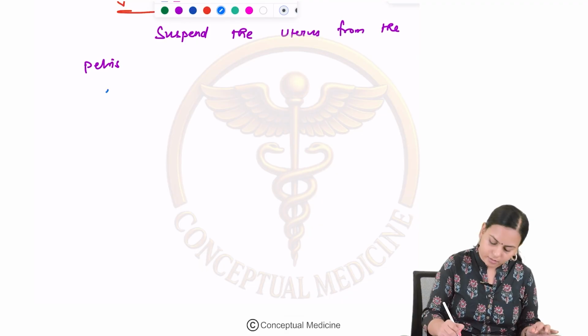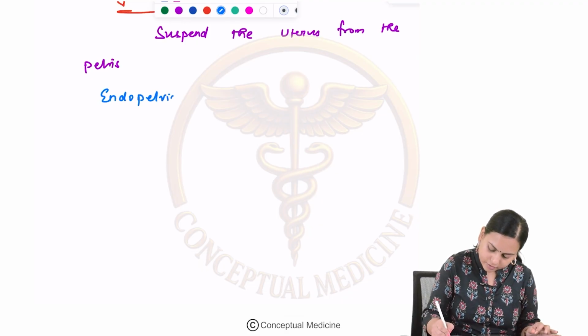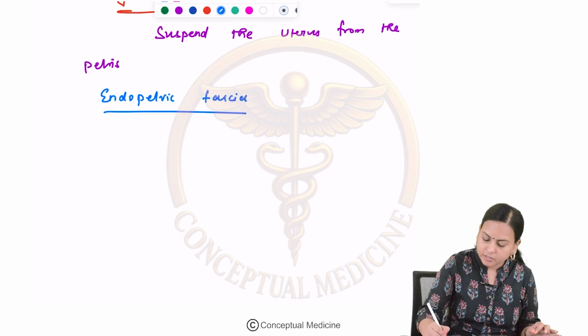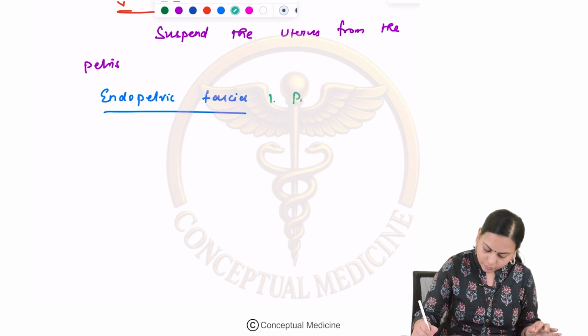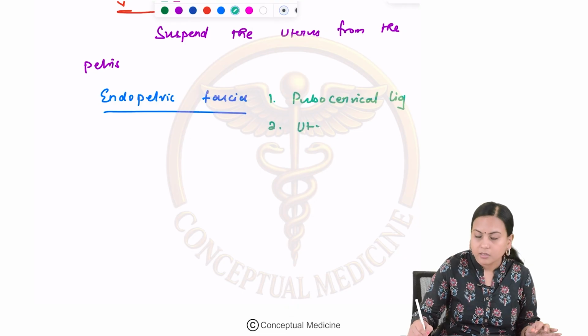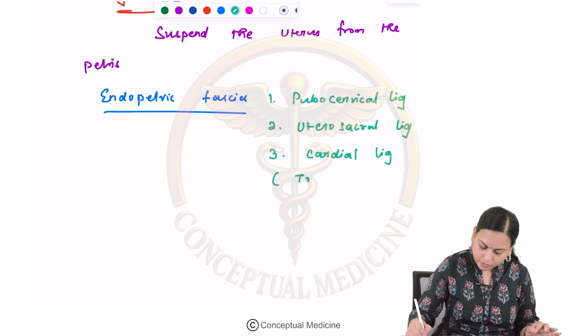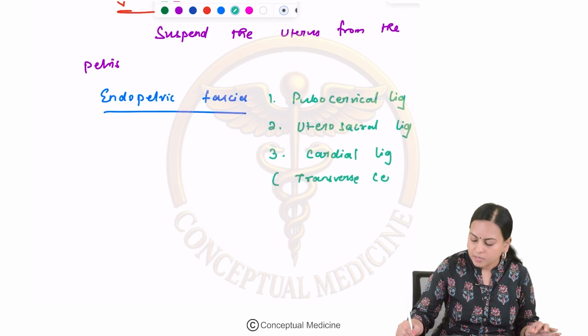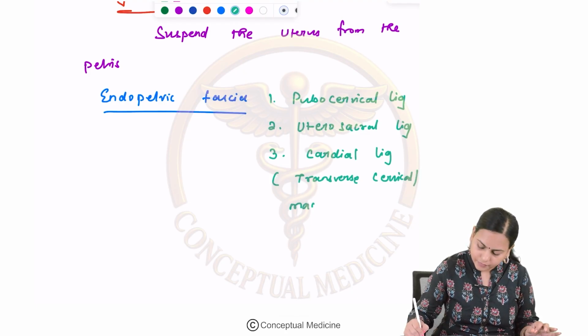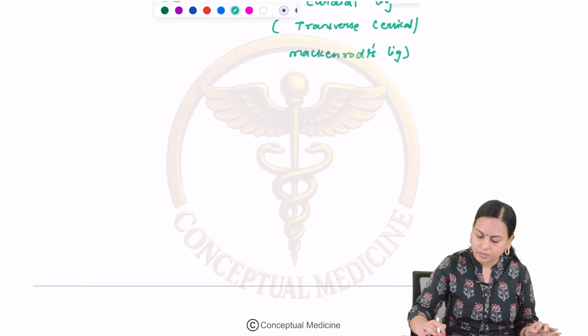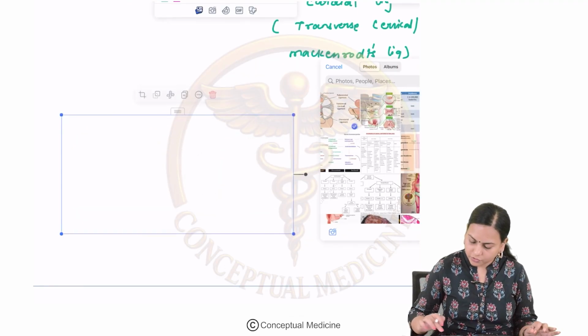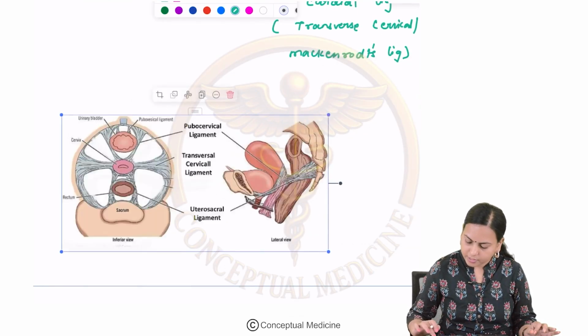Here you will have the endopelvic fascia that has thickened to form the pubo-cervical ligament, then the uterosacral ligament, as well as the cardinal ligament, which is otherwise known as the transverse cervical or Mackenrodt's ligament.